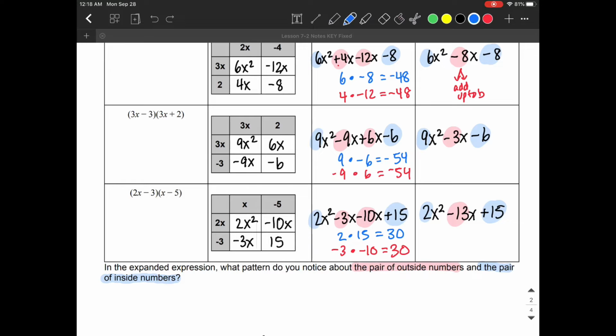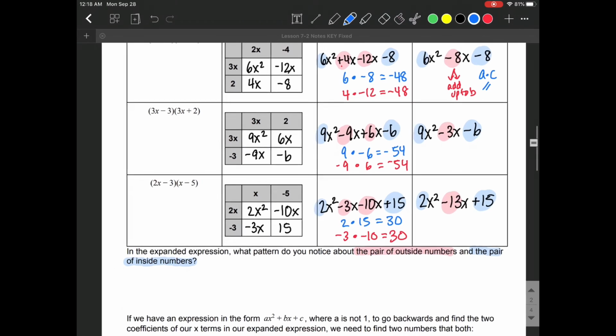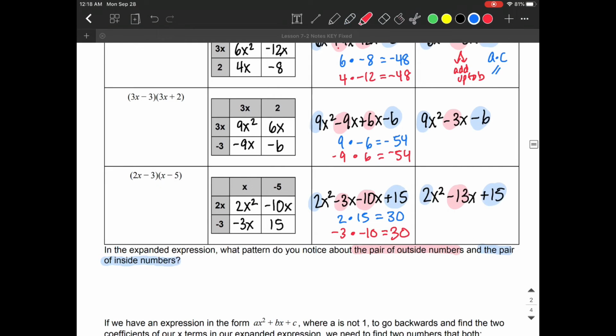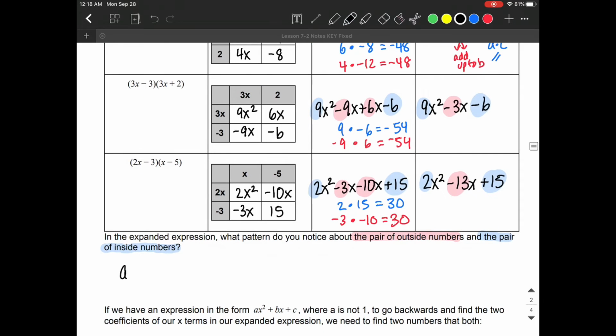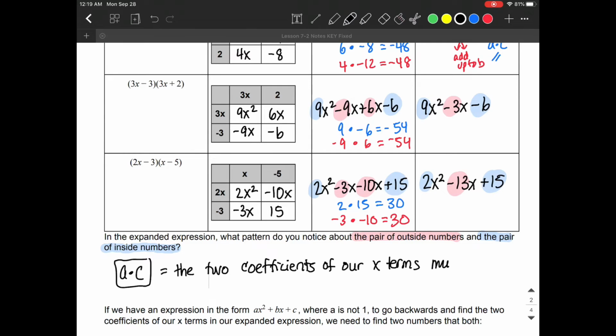So if I multiply A times C, it will give me the same numbers that add up to B. So what I'm going to write down here is: A times C is equal to the two coefficients of our x terms multiplied together.